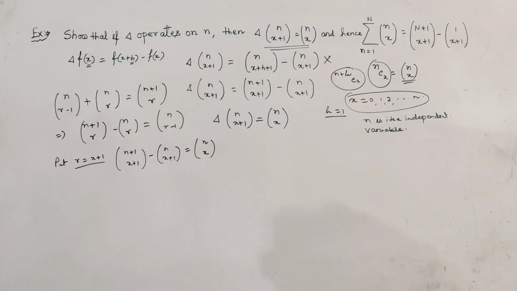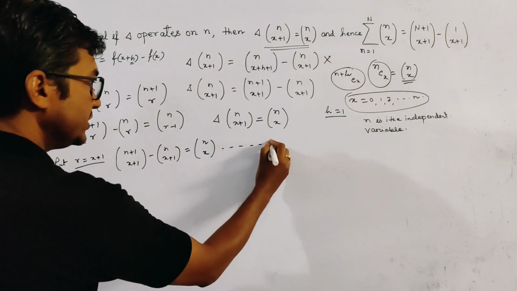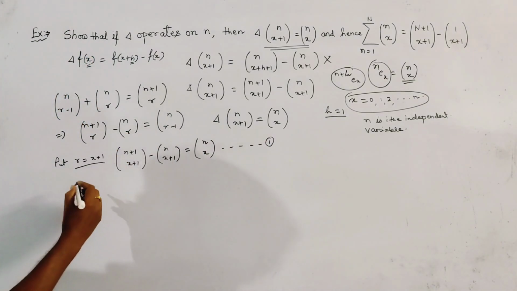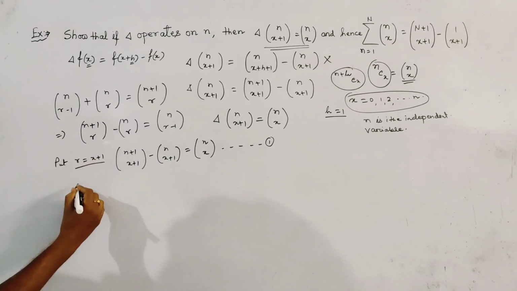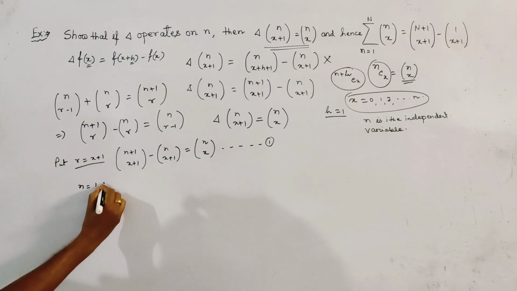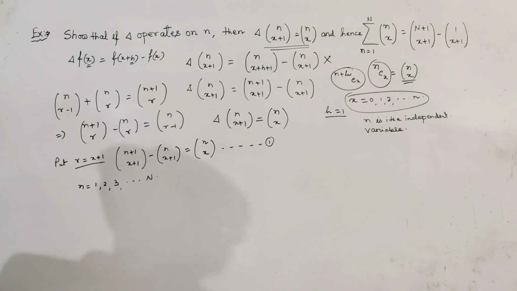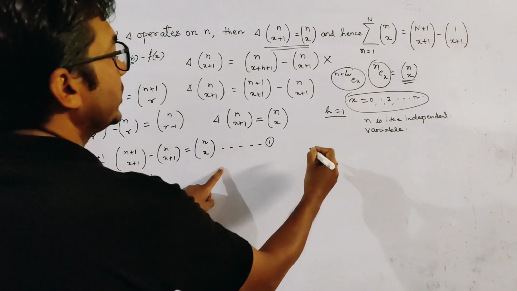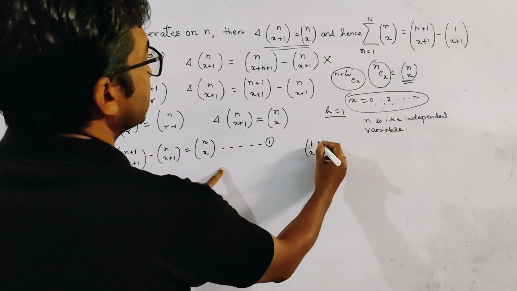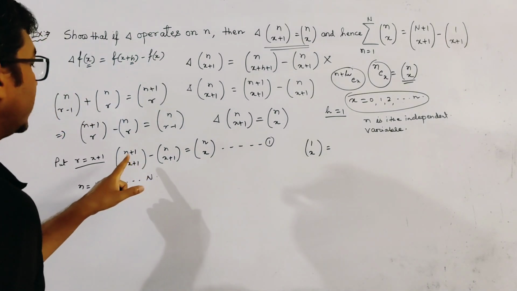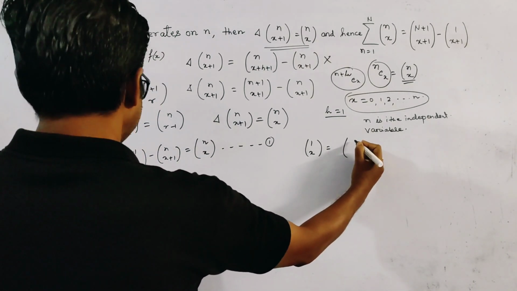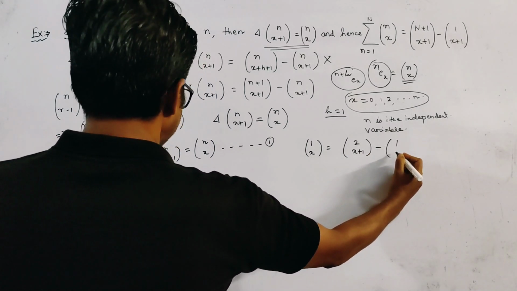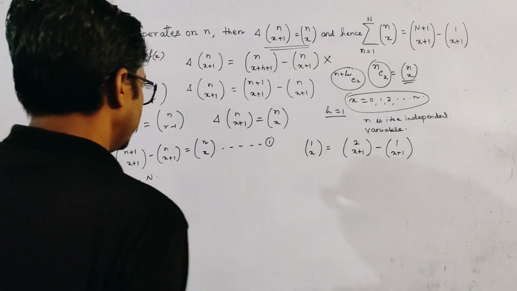Now we name this relation as relation number 1, and in relation 1 we put the values of n as 1, 2, 3 up to capital N, and write the results one by one in a vertical line. We get 1Cx equal to 2C(x+1) minus 1C(x+1), because we put n equal to 1.